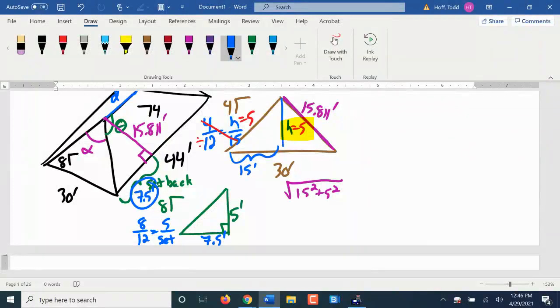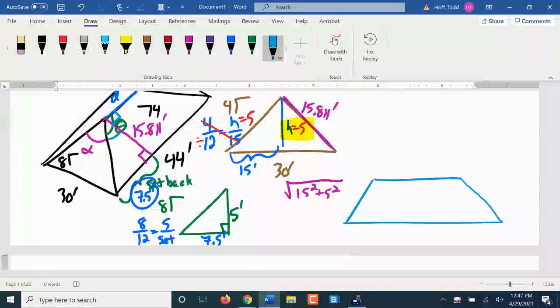To find theta, I'm going to break it into two angles here. I'm going to look at it like this. I have a right angle there again, 90 degrees. This angle can be found off of that 7.5 foot setback, and this side being 15.811 feet.